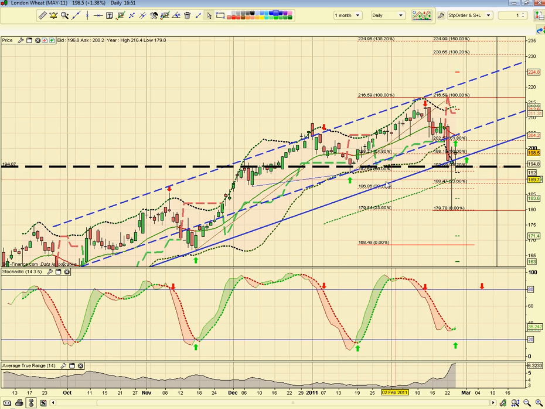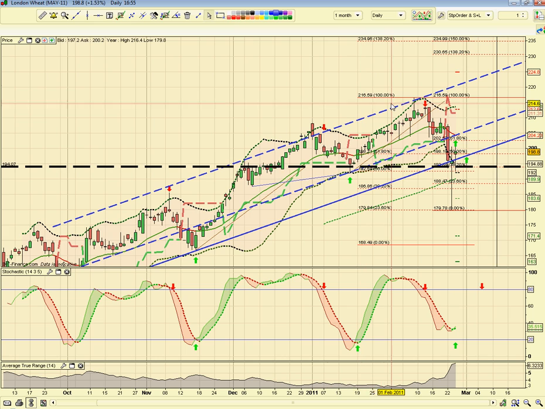So therefore I would still see this fall has been quite dramatic. It was indicated by the stochastics. We have got the buy signal, so all we now have to do is sit back and let the market show us the way whether we can have a bounce.